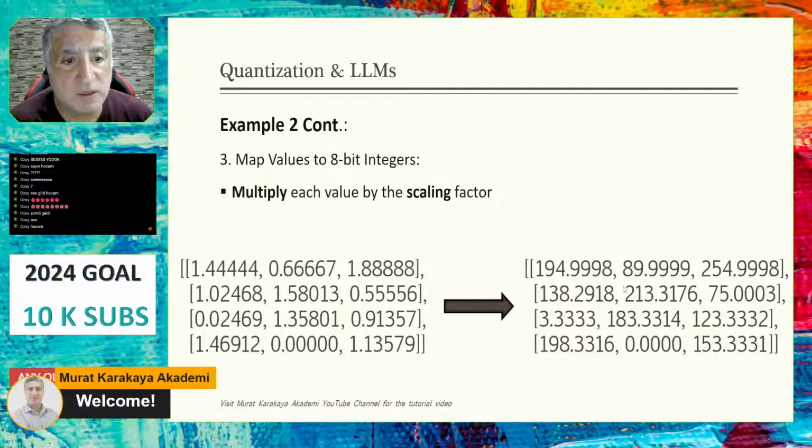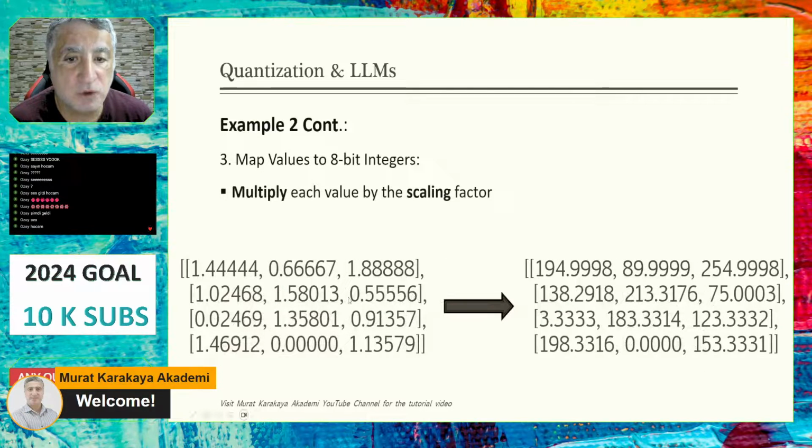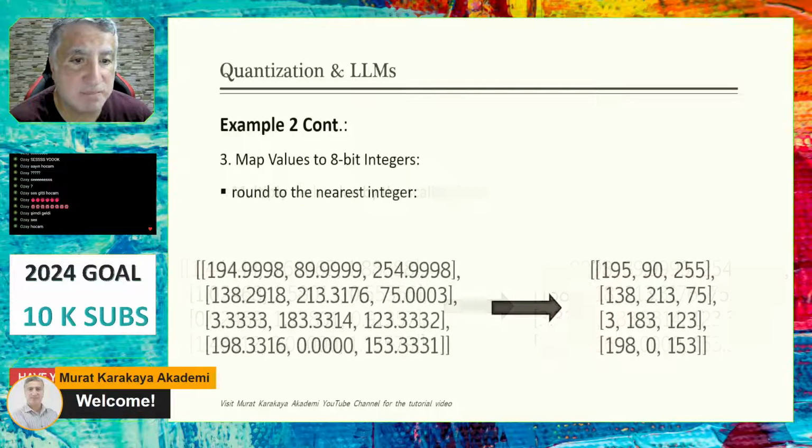Now notice that after mapping these 32-bit floating numbers, we get just floating numbers between 0 and 255. As a last step, we can convert all these floating numbers to the nearest integer number.